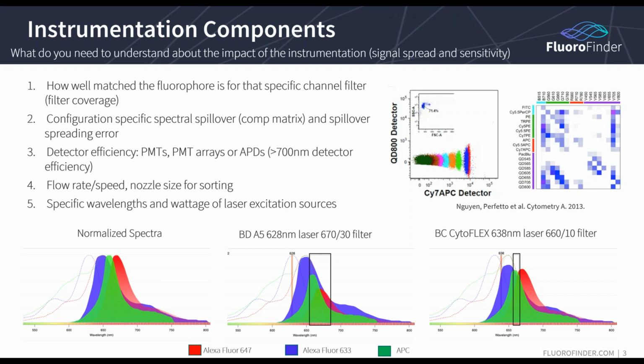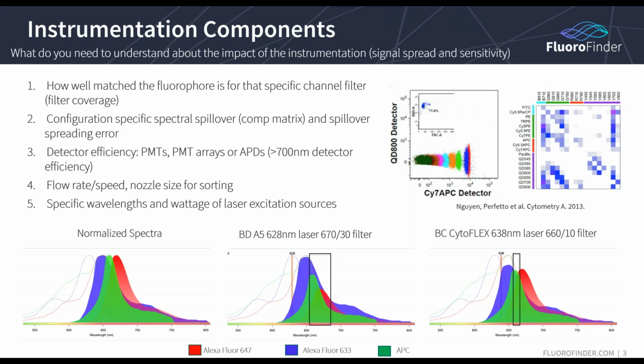So the middle plot there, what we're looking at is Alexa 647, Alexa 633, and the APC. And right now, the BDA5, which is one of the most high parameter standard non-spectral instruments out there right now, for some reason, has a 628 laser.